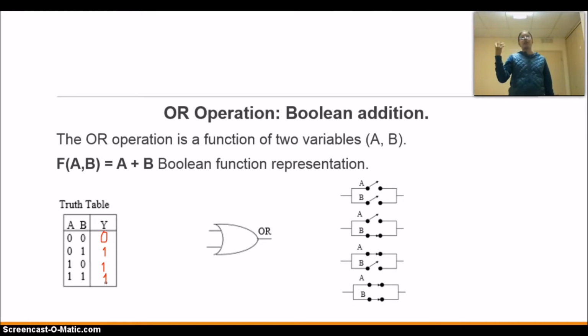Otherwise, A is going to be closed and B is going to be open. And when the two switches have a high input, the output is going to be also high, so both are going to be closed.